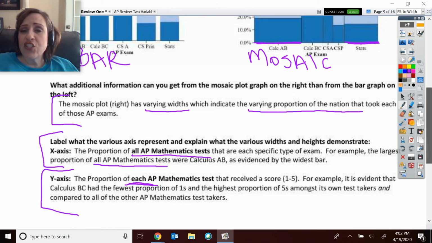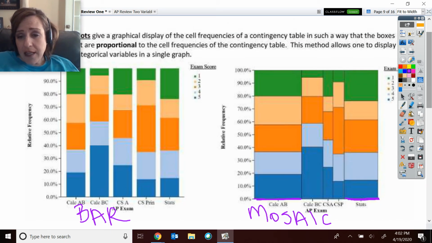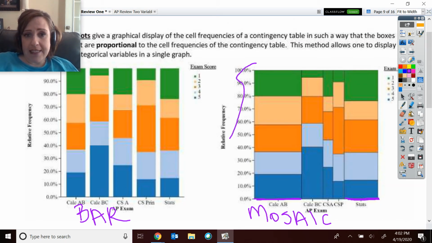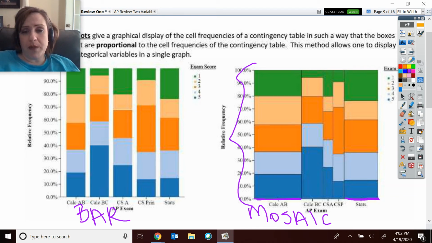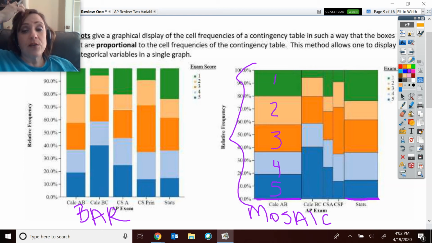Okay? So, for example, here, it's interesting. I can see that those Calc AB tests were almost evenly distributed between 1s, 2s, 3s, 4s, and 5s. Okay, here's our 1s, 2s, 3s, 4s, and 5s. However, Calc BC was much different.